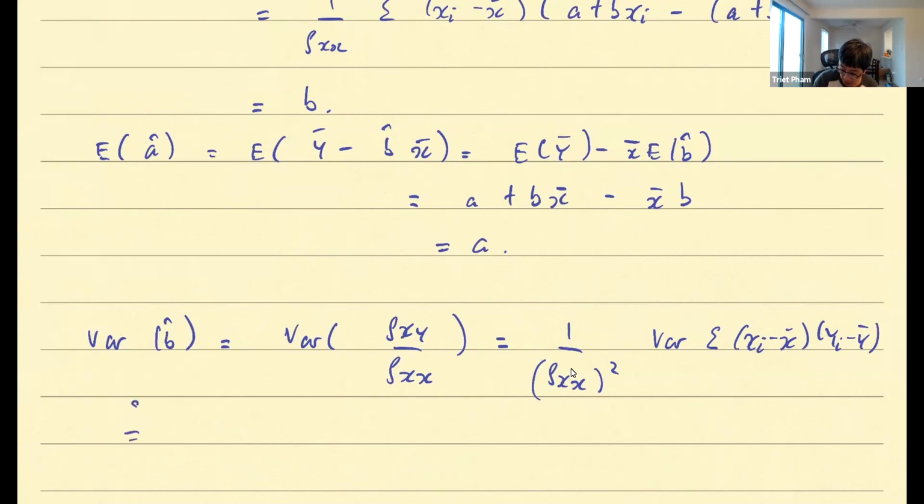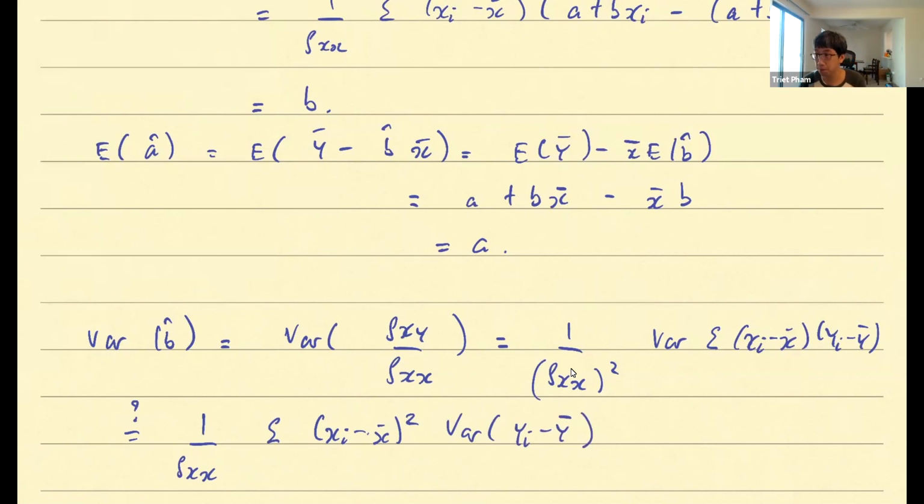Can I pass it in like this? This is a constant, so it just goes out as a square, and then variance of YI minus Y bar. Can I do that? And then, of course, I will handle how that combines by some technique, but can I do this?